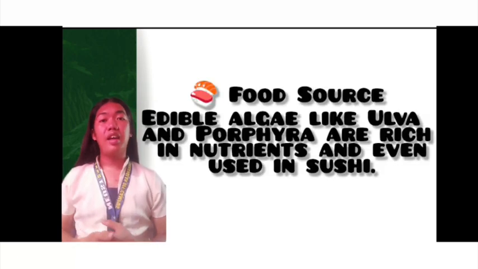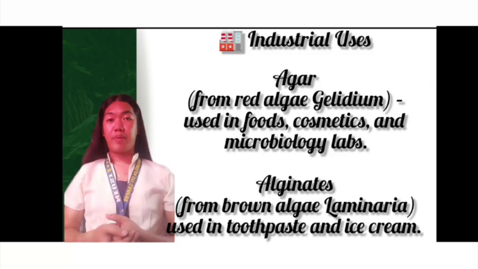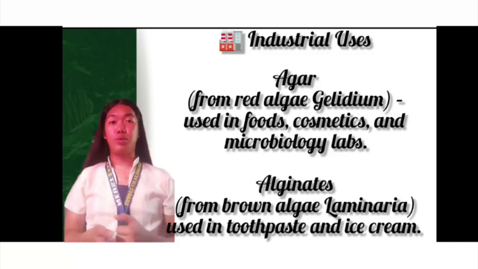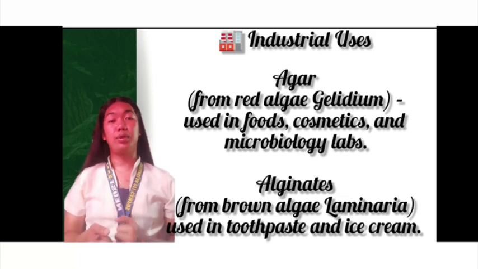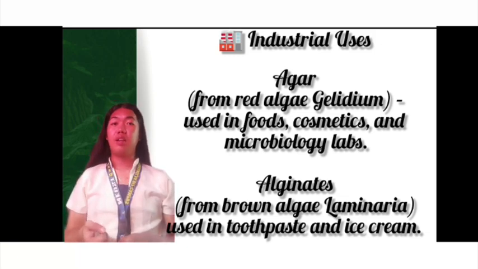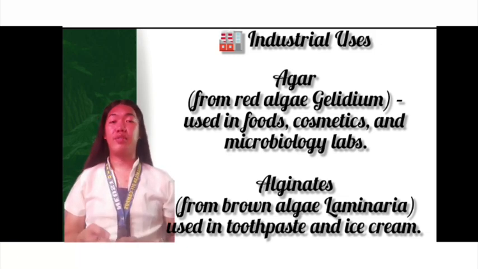Edible algae like Ulva and porphyra are rich in nutrients and even used in making sushi. Agar from red algae, Gelidium, is used in food, cosmetics, and microbiology labs. And alginates from brown algae are used in toothpaste or even in ice cream.